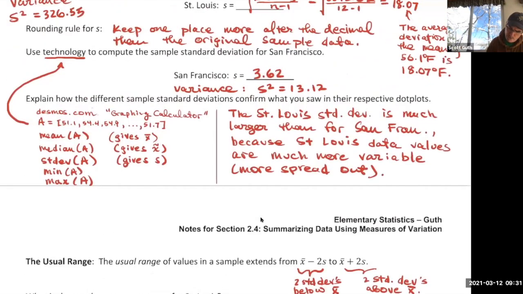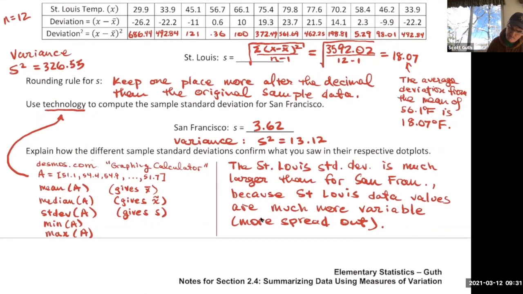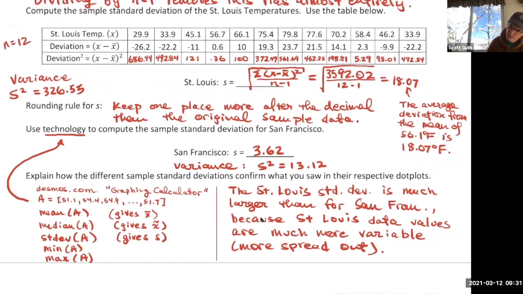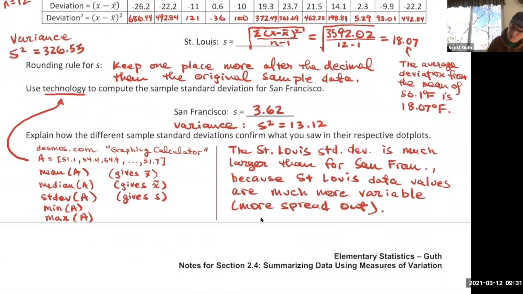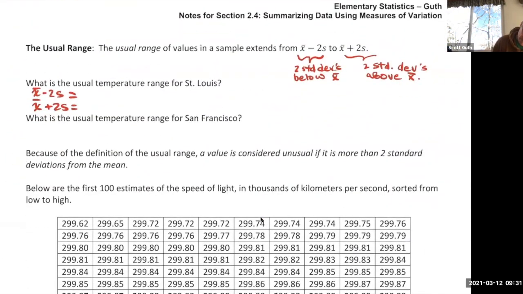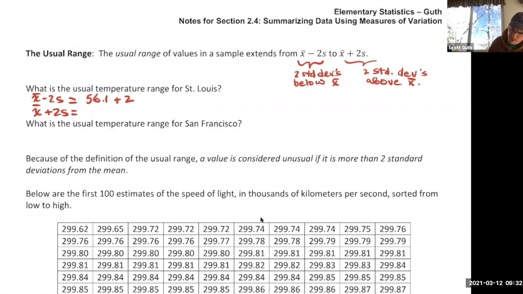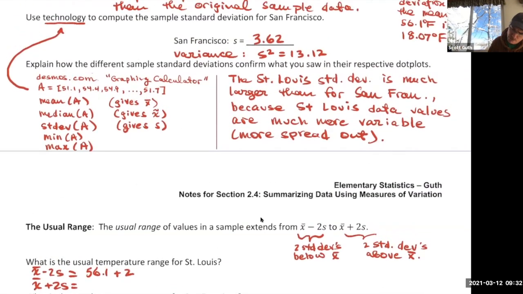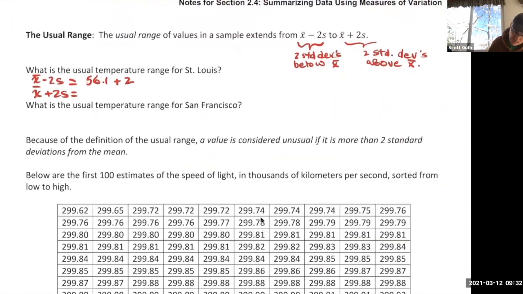Okay, so for St. Louis, the mean was 56.1, right? So 56.1 plus 2 standard deviations, and the standard deviation for St. Louis is 18.07.